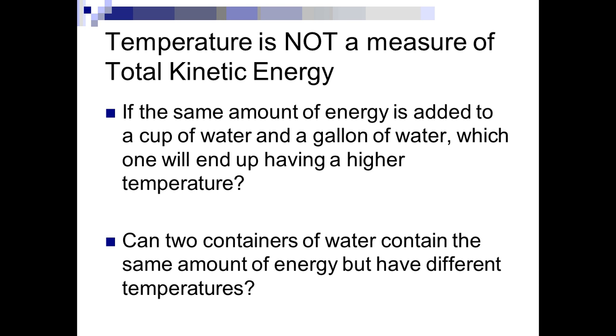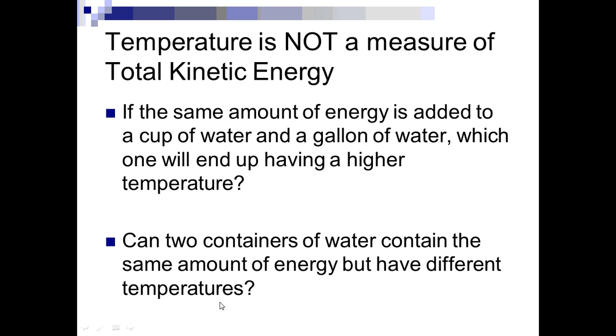So the next question is, can 2 containers of water contain the same amount of energy but have different temperatures? Well, of course, because again, we were talking about this idea of total versus average. So if 2 containers have the same amount of total energy, they can have different temperatures because they can have a different number of particles.